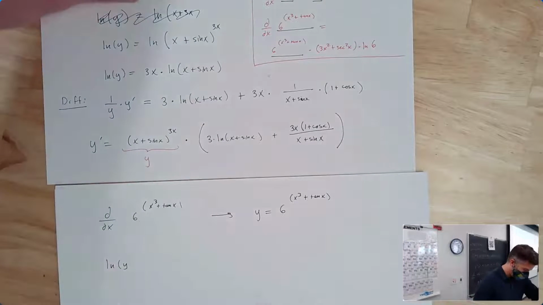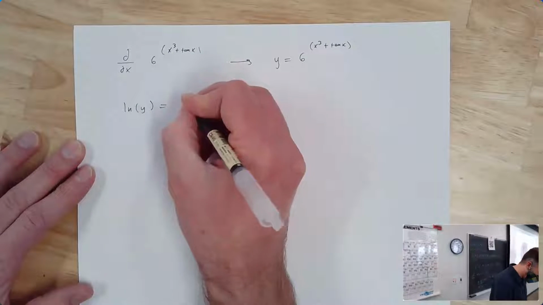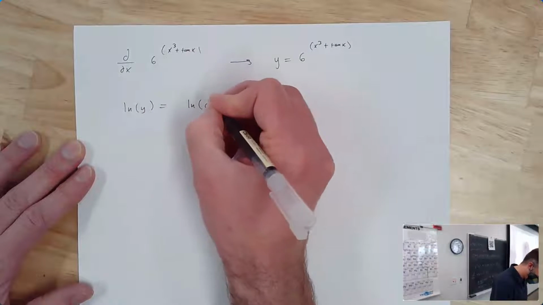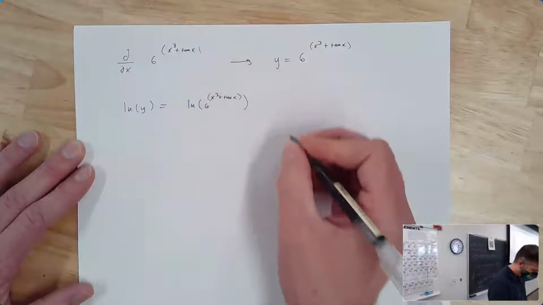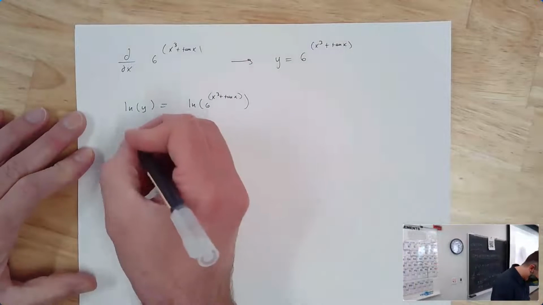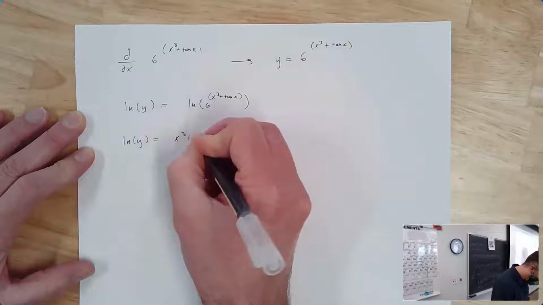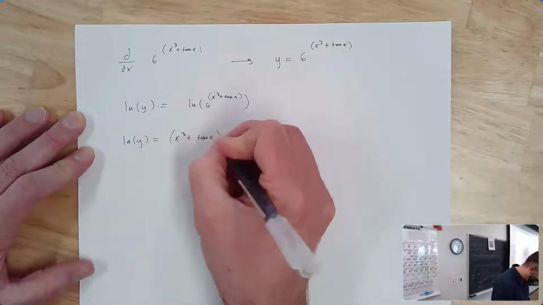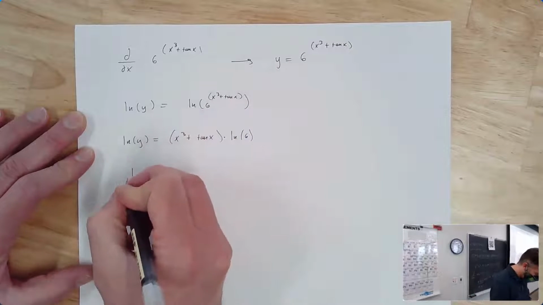Natural log of y is equal to the natural log of 6 to the x cubed plus tangent of x. We bring the power down in front. That's the whole reason for taking the logarithm. We get the natural log of y equal to x cubed plus tangent of x times the natural log of 6. We differentiate both sides.